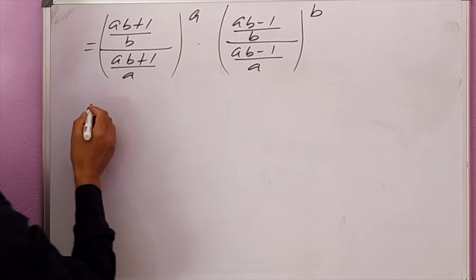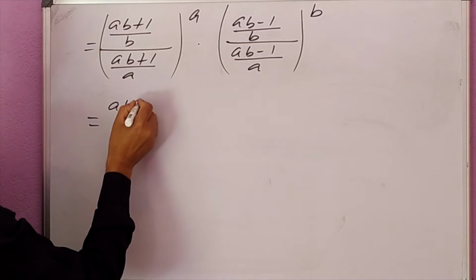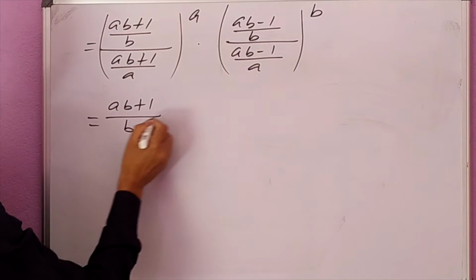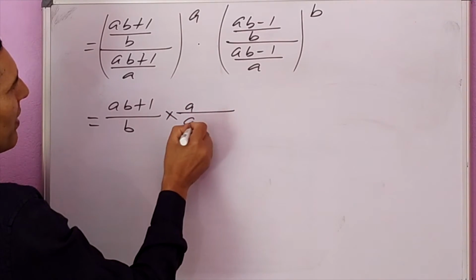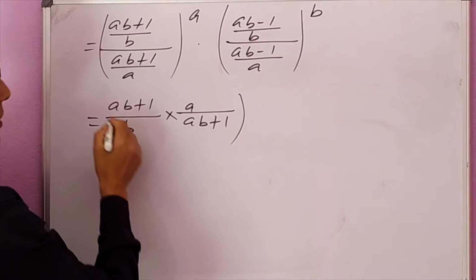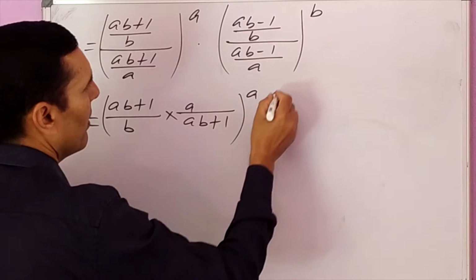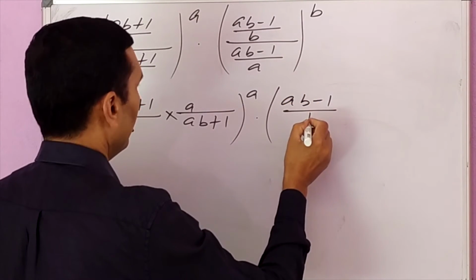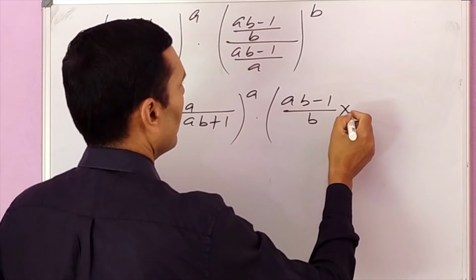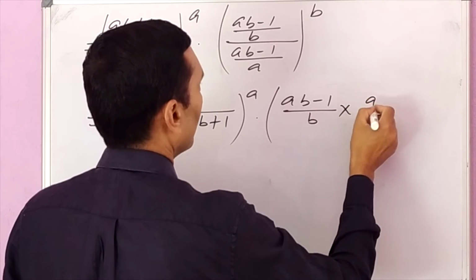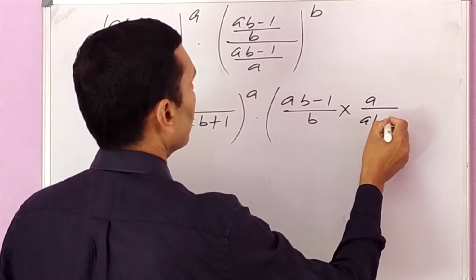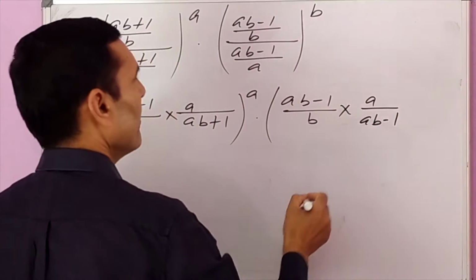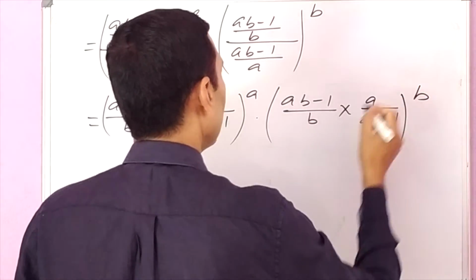Now we reverse this, that is (ab+1)/b into (a/(ab+1)) whole to the power a, into (ab−1)/b into (a/(ab−1)) whole to the power b.